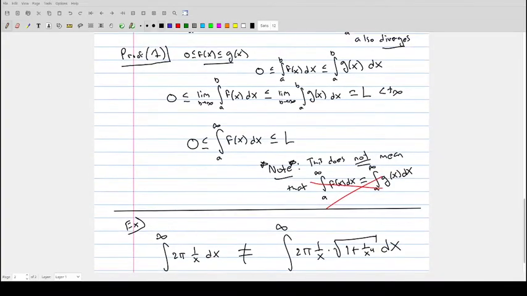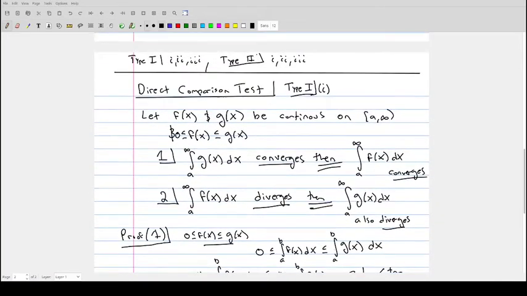So the idea here to apply this direct comparison test is always the following. If we're trying to show that a given integral converges, so a given f of x converges, then we have to show that there's a function above it, g of x, that also converges. Ideally, the chosen g of x would be a simpler function to integrate, in order to use this effectively.